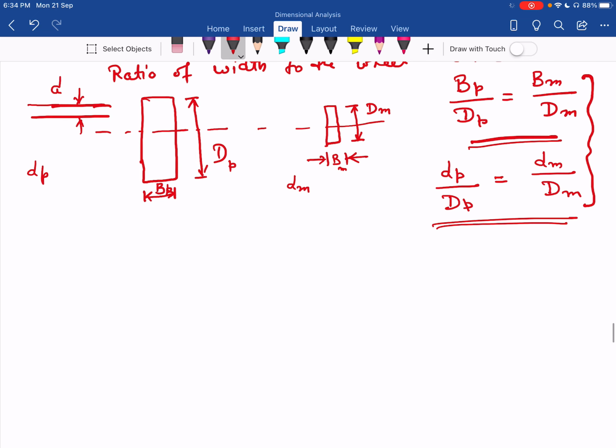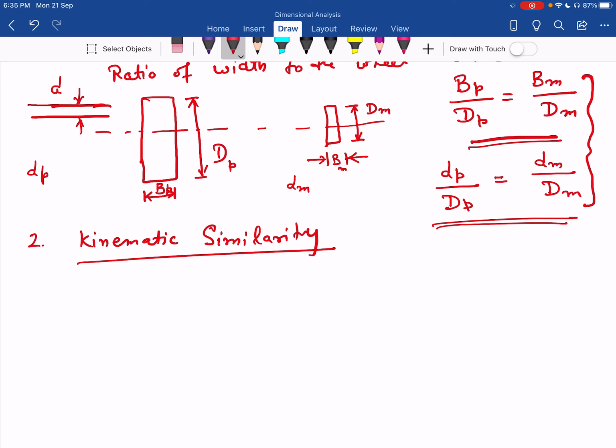Then the kinematic similarity. Kinematic similarity means the similarity of velocities, discharge, and acceleration.